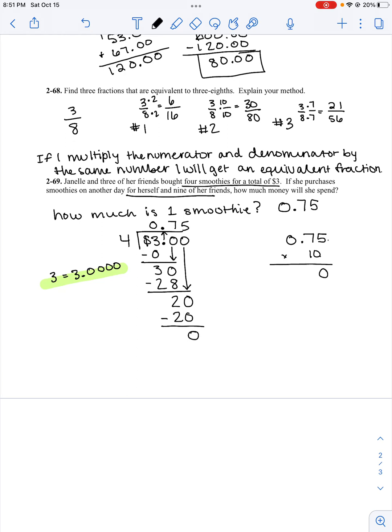Now, 0 times 5 is 0. 0 times 7 is 0. 0 times 0 is 0. I have to put in a placeholder because I'm moving over to my tens place value. 1 times 5 is 5. 1 times 7 is 7. 1 times 0 is 0. I add them together.